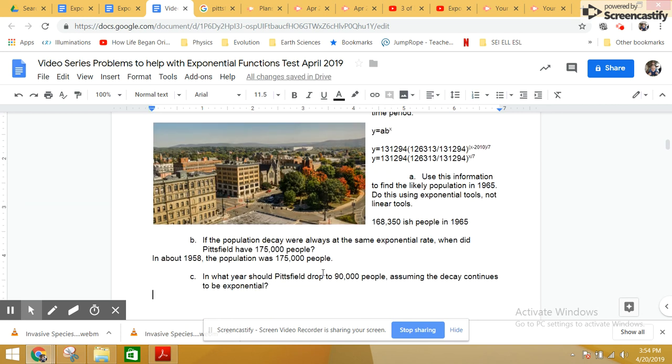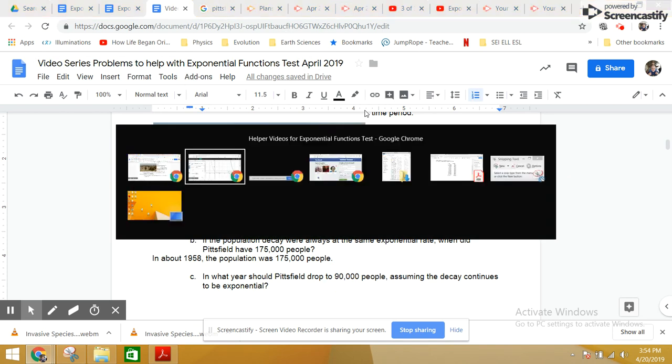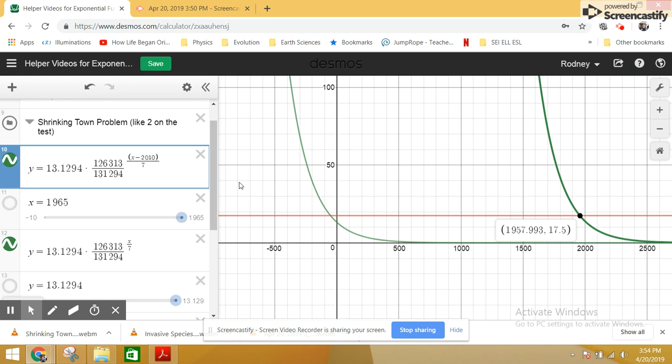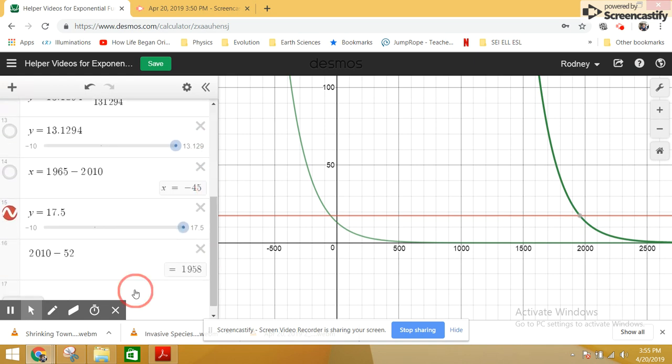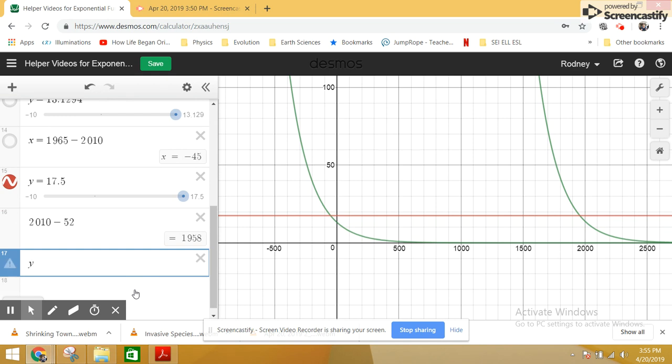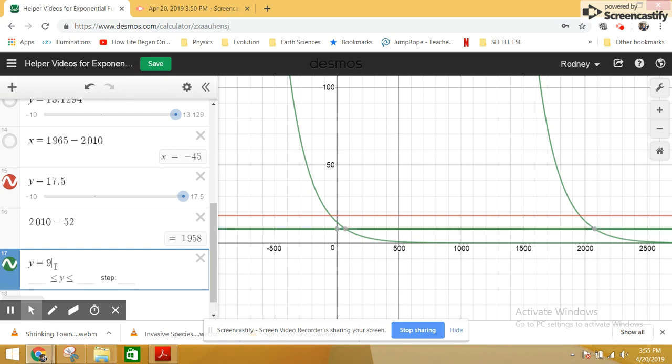And then we need to figure out the future one, and the future one is pretty straightforward. We're going to use 90,000, and in this case, I'm going to put the decimal here and make it y equals 9. And we go over here and we see where y equals 9, and 9 is representing 90,000 people.